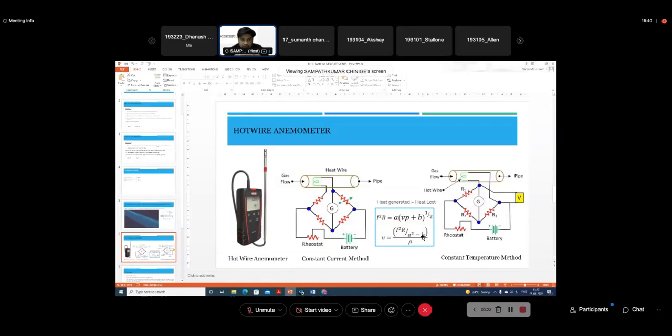For that, you need to have a pipe flow with the same experimental conditions like ambient air and all. So with that, first you measure the velocity of the flow at the same location by means of a standard velocity measurement instrument.